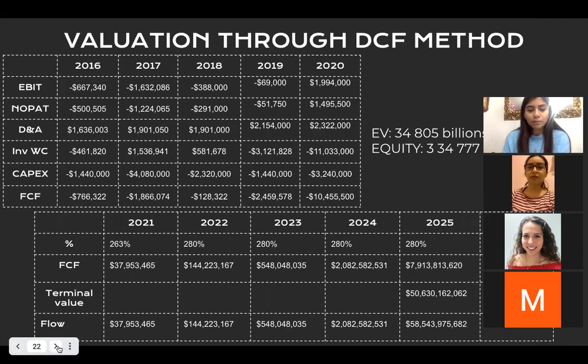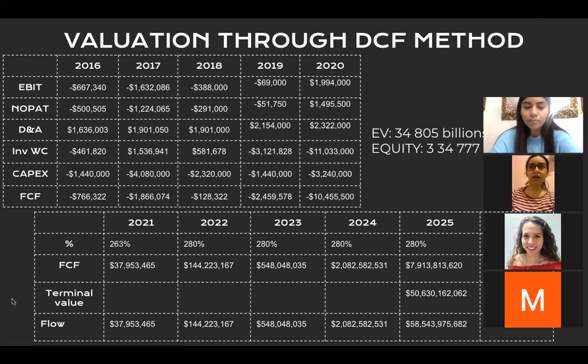Okay, so first we have the evaluation with the DCF method. First of all, we calculate with the first part the EBIT, NOPAT, depreciation, and the investment of working capital. Also, we have the capex and free cash flow. We calculate the percentage of the growth of free cash flow.